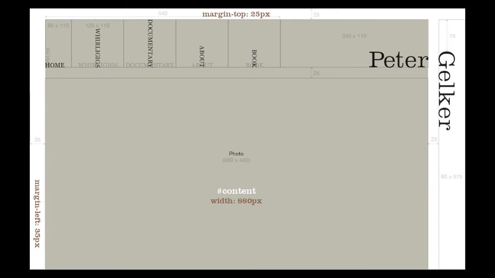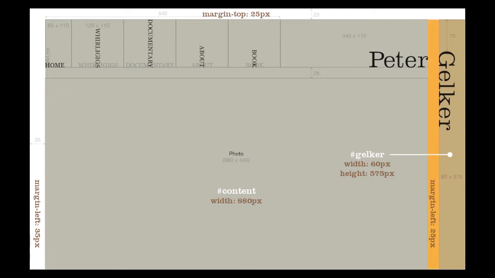So this is going to be an ID div called content, and it will encompass all of these other boxes inside of it. Next to that, I'm going to have another box called Gelker. And then between those two boxes is going to be some margin. And that margin will be 25 pixels left.